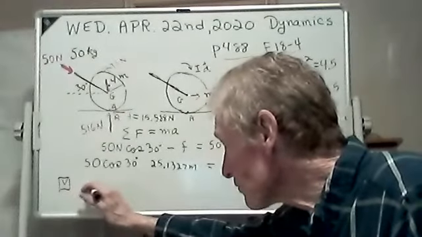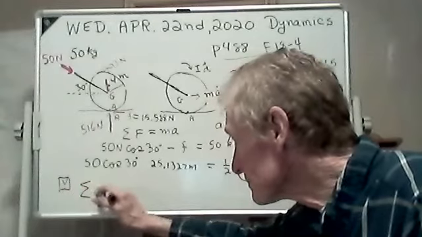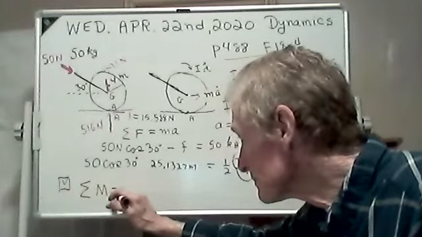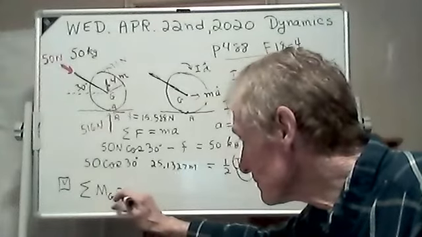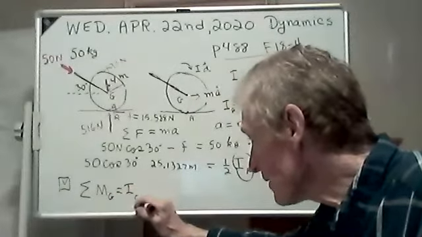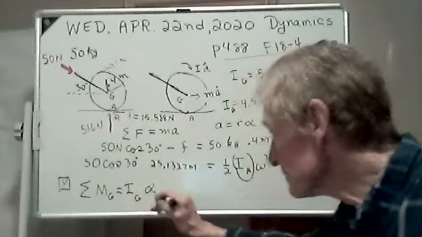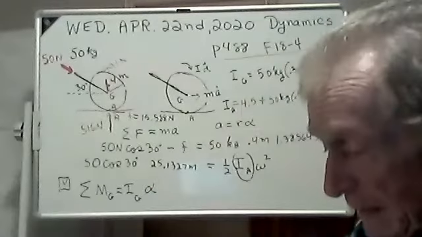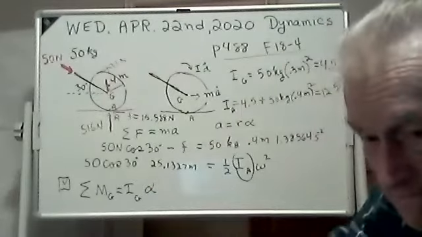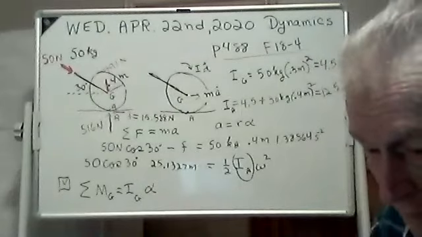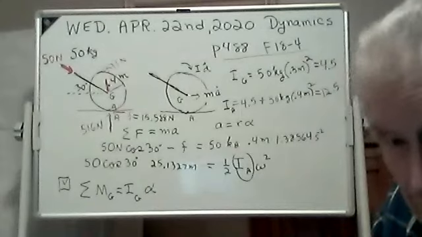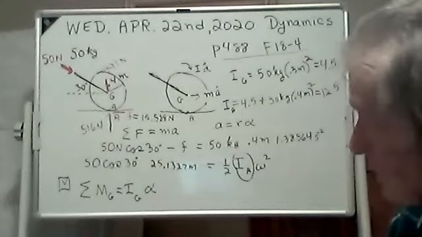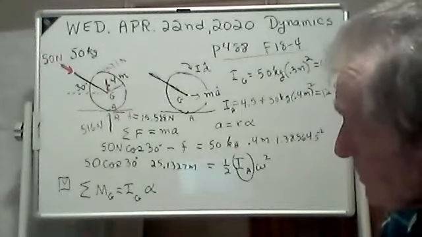We're going to use this formula here, and this formula has a name. It's just another version of Newton's second law. All right, we're going to plug this in and see if we get the right answer.